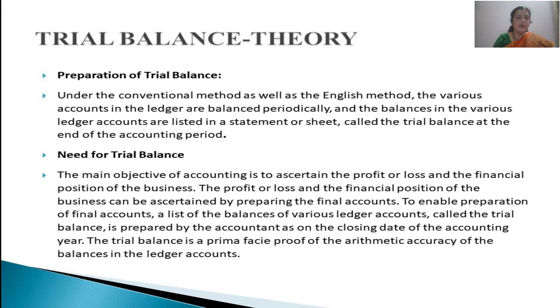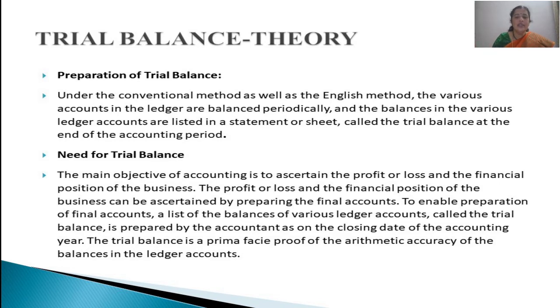That means that is what we call in accounting language tallying. Tallying means total of the debit balances that you take from all the ledger accounts should be the same as the total of the credit balances that you have taken from other accounts.